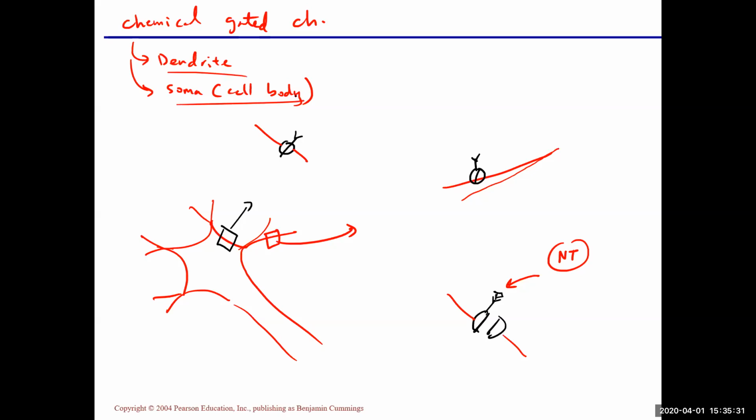Furthermore, if we take a look at other types of channels, I'm just going to maybe erase this part. There are certain channels that can open and close a little bit differently due to internal activation of the neurons, and we'll discuss those a little bit later on.